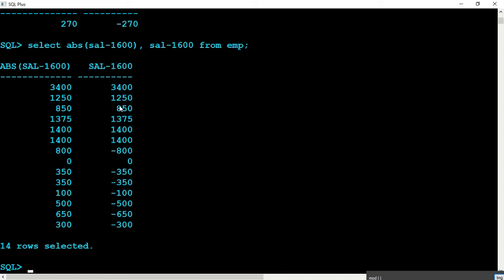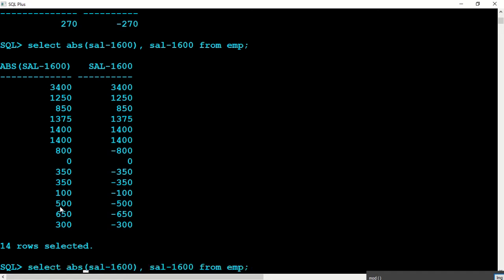Wherever it's positive, positive value is returned. Here, the negative number 800 has been converted into positive. It just removes the minus sign. 350 is 350. Here are all negative values, because there is no absolute value here. But when you say absolute value, it will convert into positive values. So it was minus 100, minus 500 here, converted into 500, and so on.